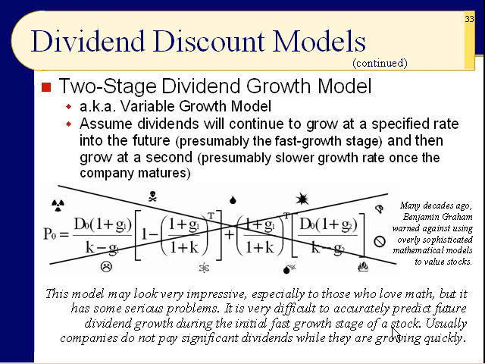It is very difficult to accurately predict dividend growth during the initial fast growth stage of a stock. Usually, companies do not pay significant dividends while they're growing rapidly. And this is something that I tell people, and they look at me like I'm from outer space, but many decades ago, Benjamin Graham warned, remember he's Mr. Warren Buffett's teacher, warned against using overly sophisticated mathematical models to value stocks.